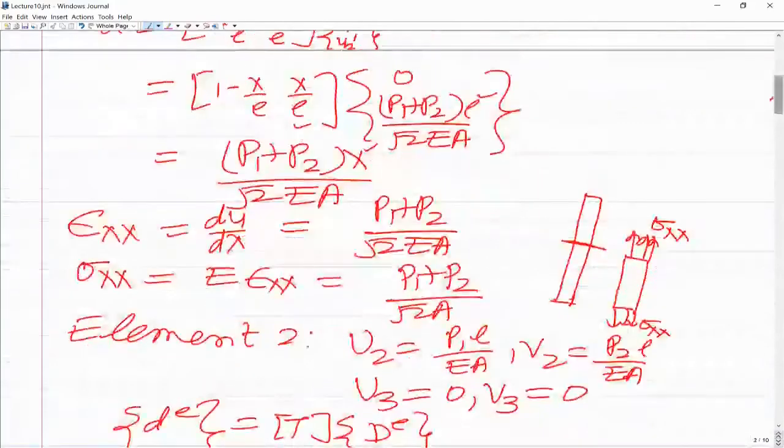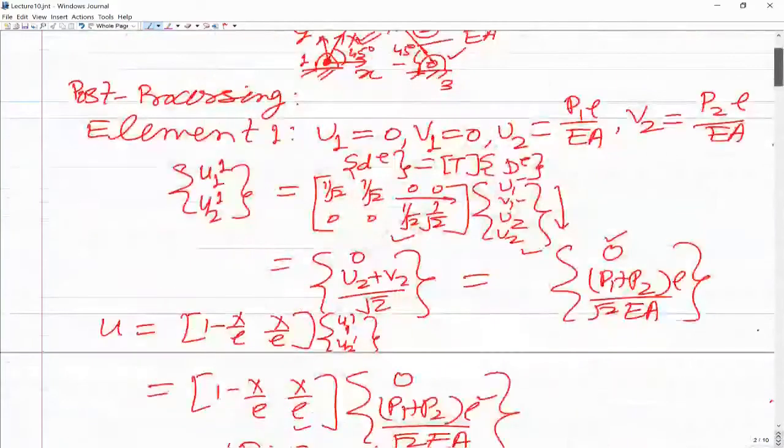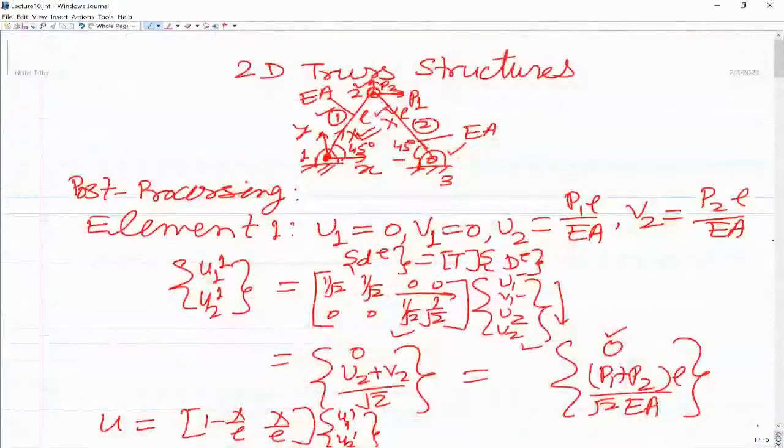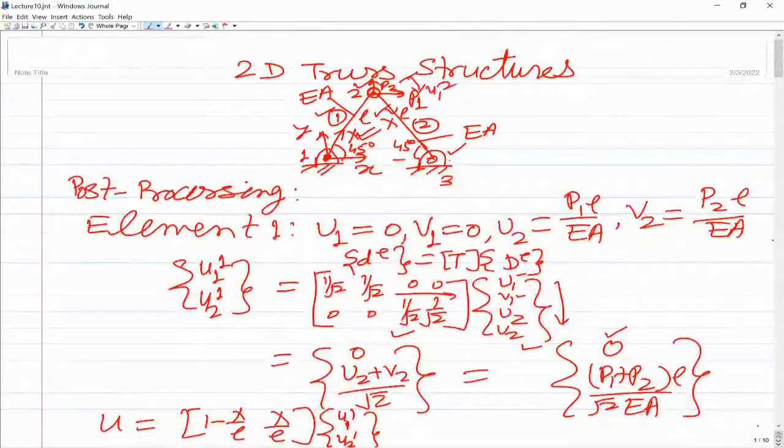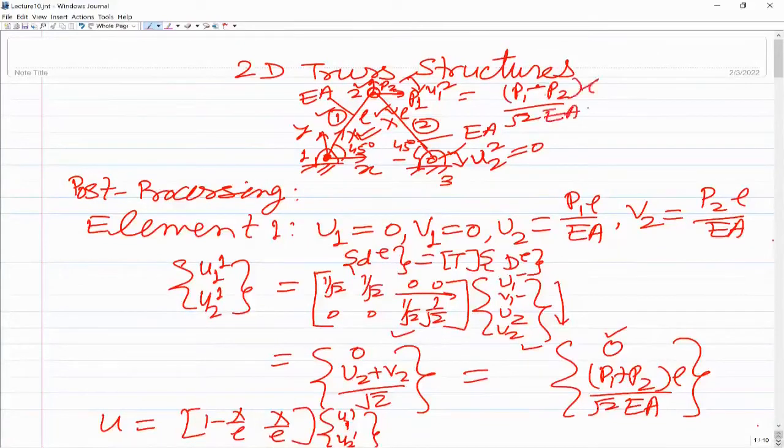For the second element, this is the local x-axis. So this is the displacement u12, and for this node it is u22. This is coming out to be 0, and this is what we have got: P1 minus P2 into L upon root 2 into EA.